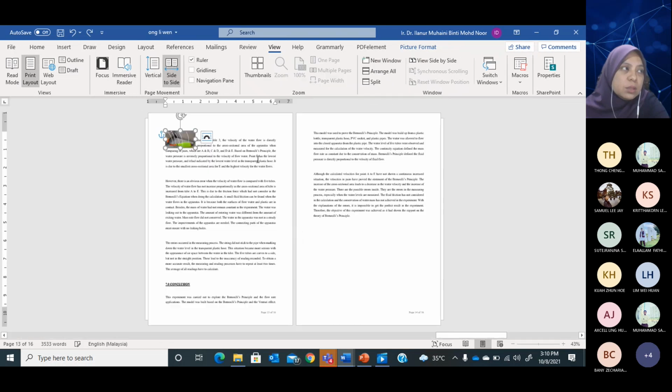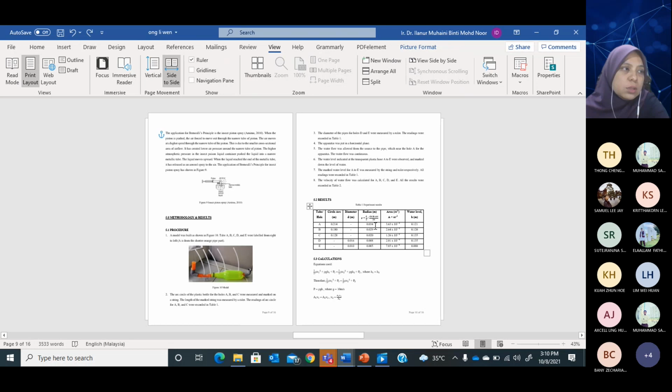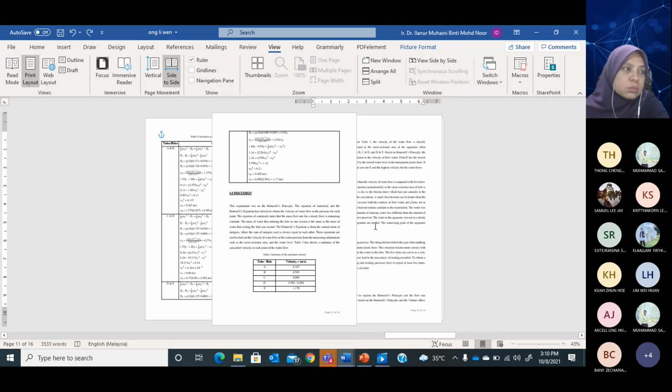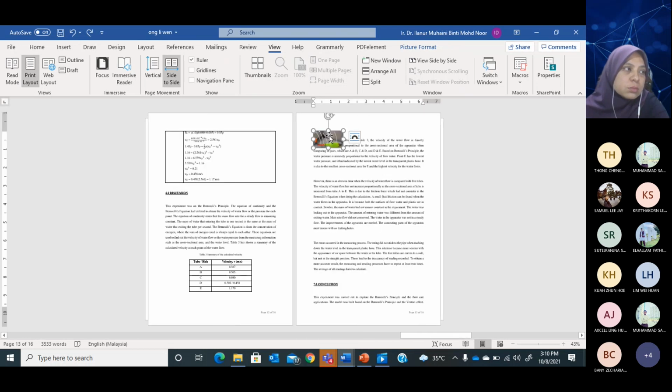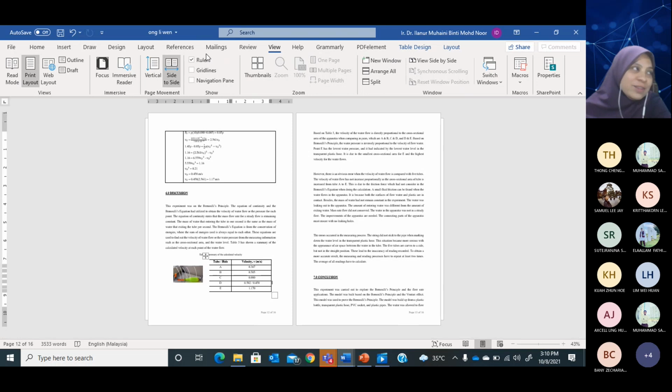View side by side. Something like that. Okay.